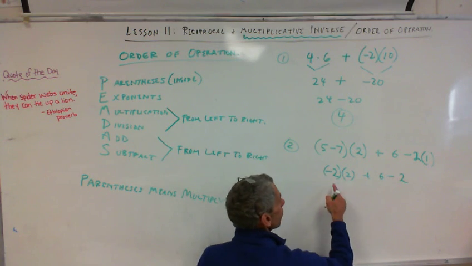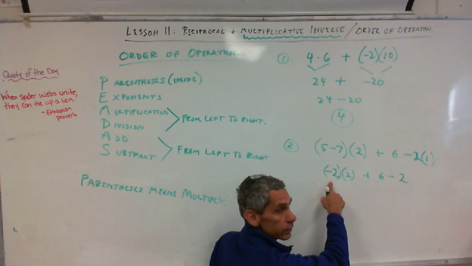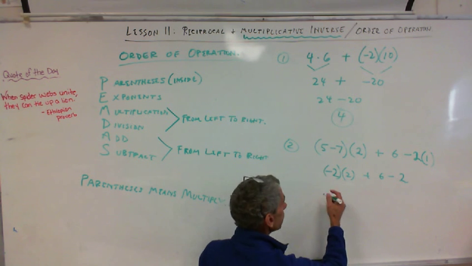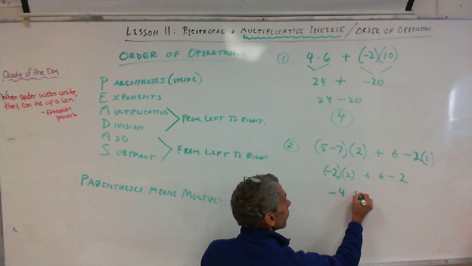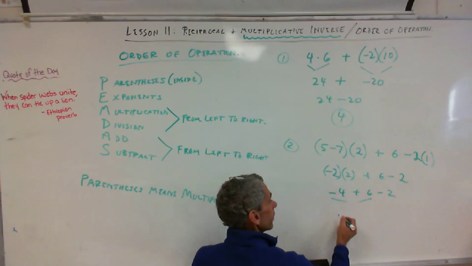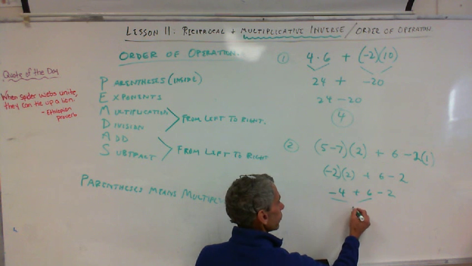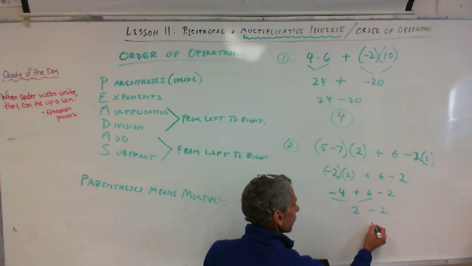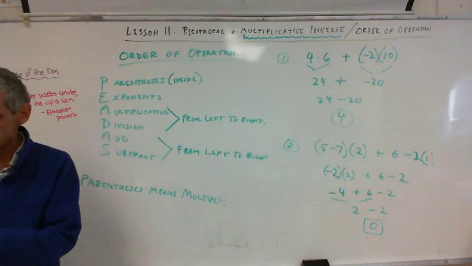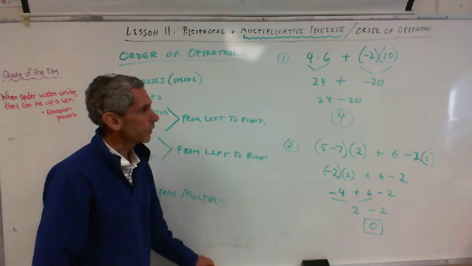Zero. No, that's -4. This is negative, this is multiply. This is -4. Plus 6 minus 2. Now I go in order. 6 minus 4 is 2. Minus 2, it's 0. Okay? Make sense?